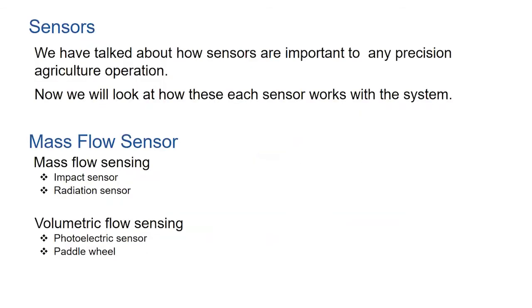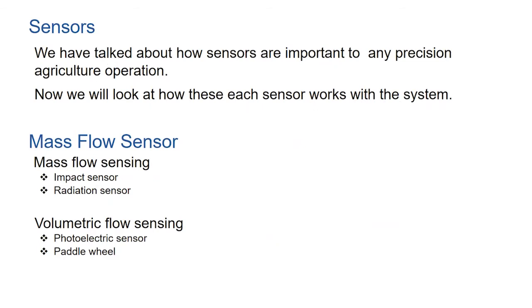The sensor we use could be a mass flow sensor or volumetric flow sensing. For the mass flow sensor we have an impact sensor, a load cell, and as the material moves, it hits that impact plate or sensor, and based on that you get a pulse of how much material is moving.